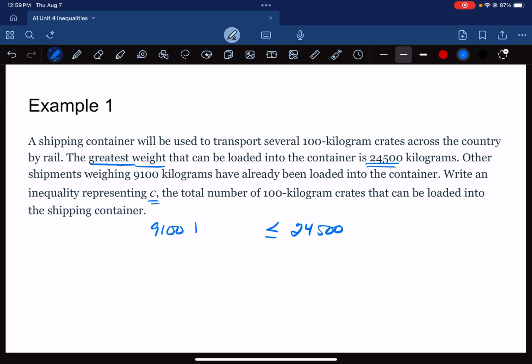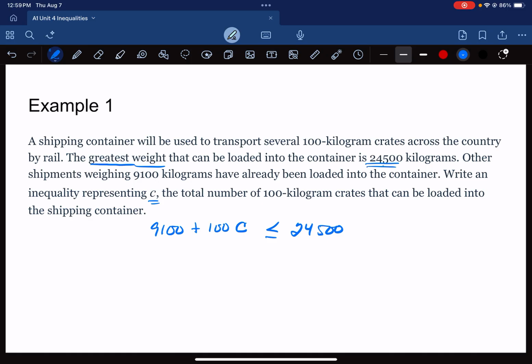And so I can add 100 kilograms for each crate, C some number of times, right? And C is the number of crates that I can load in there. So there's my inequality right there, okay?